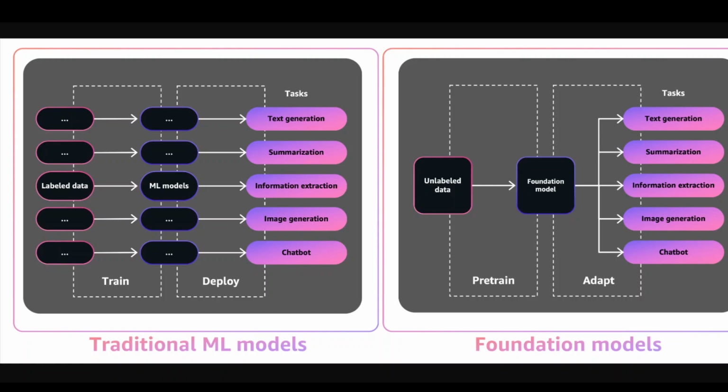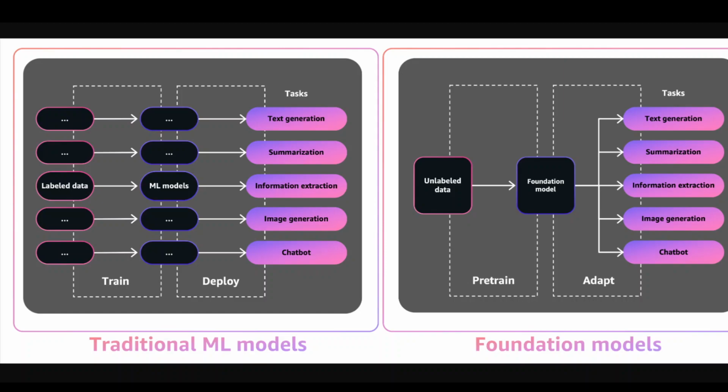The size and general purpose nature of foundation models make them different from traditional ML models, as you can see on your screen. Now, for a quick difference between these two: with traditional models, in order to achieve each specific task, you need to gather labeled data, train a model, and deploy that model.